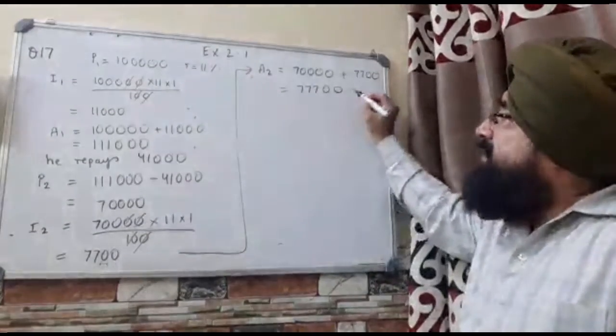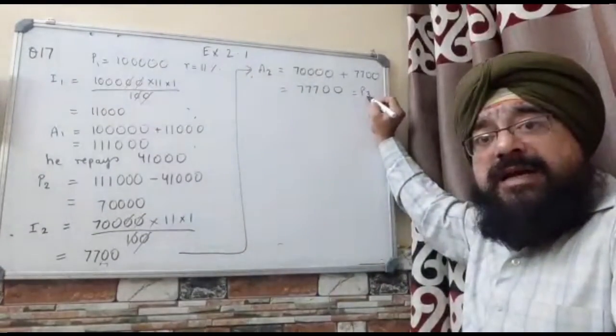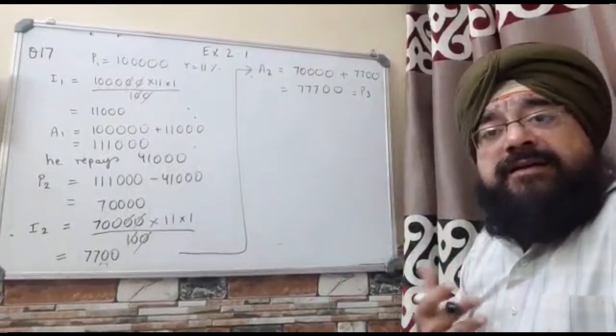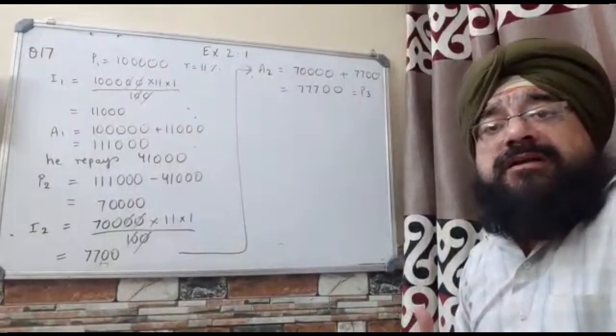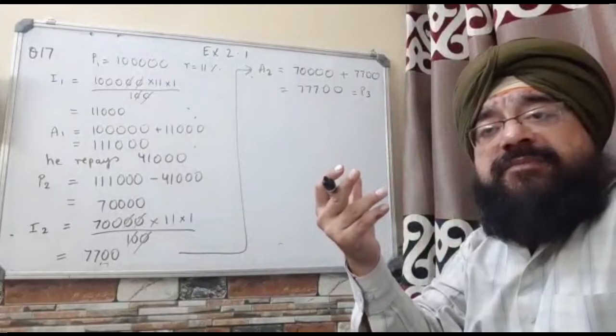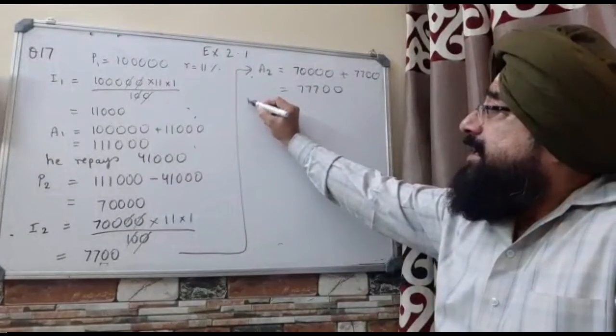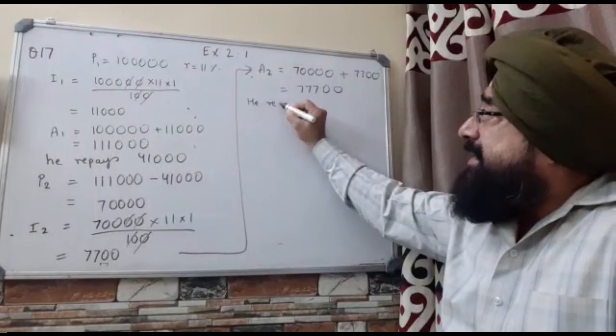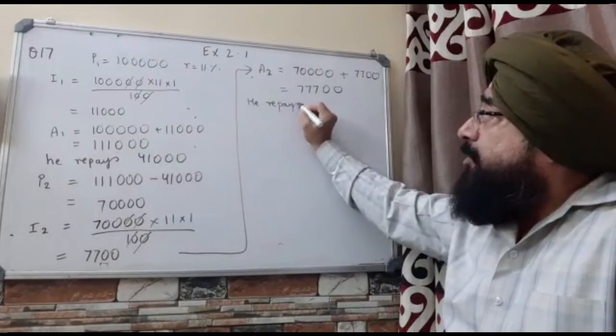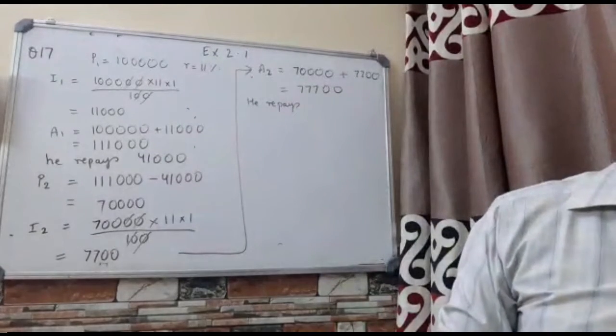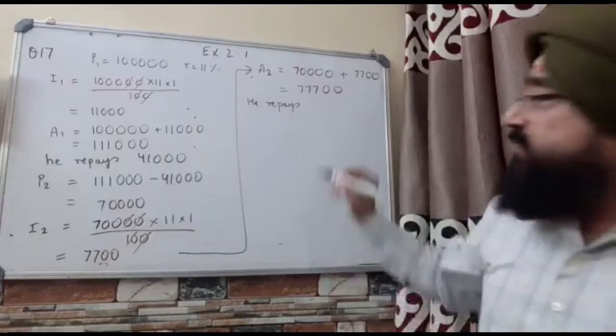This would have been the principal for the third year had he not returned anything at the end of the second year, and that would have been the amount outstanding on his head at the beginning of the third year. But he again repays. How much? He repays 47,700.